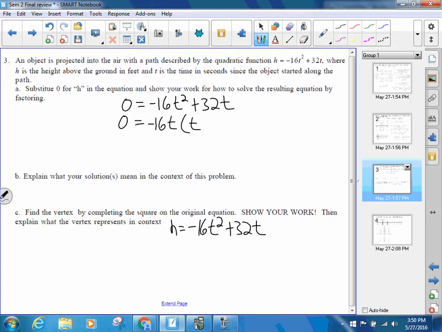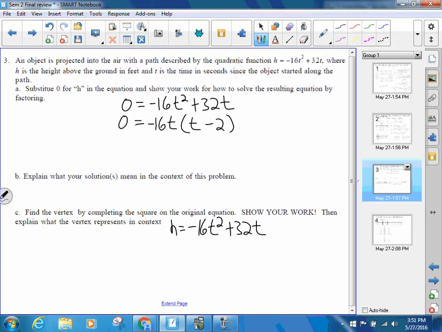And then when I factor out negative 16t from positive 32t, well, 32 divided by negative 16 is negative 2. And t over t, they would cancel each other out. So we're left with that.